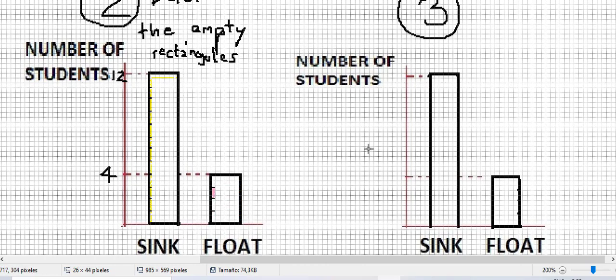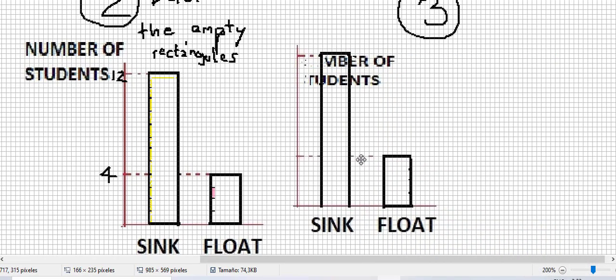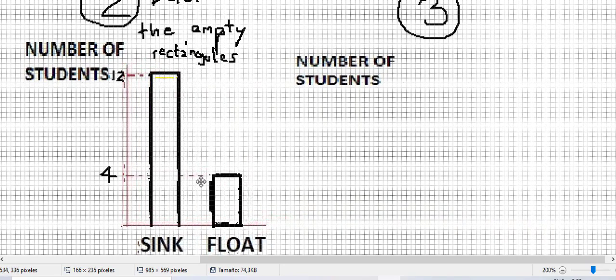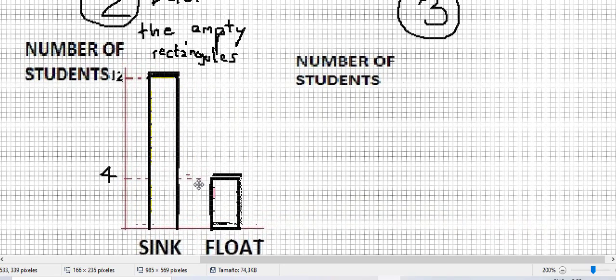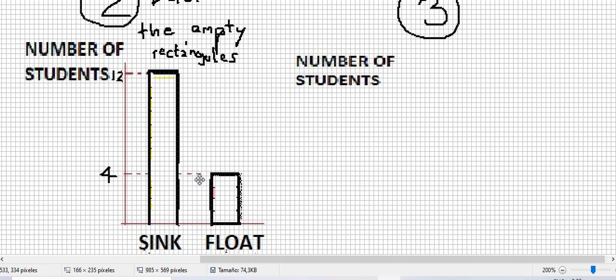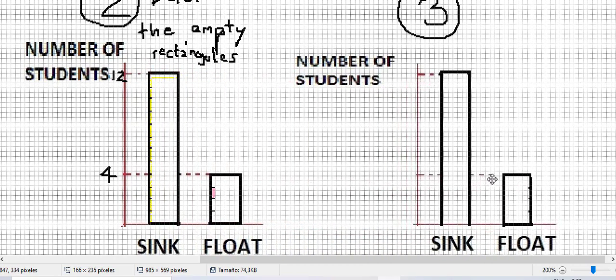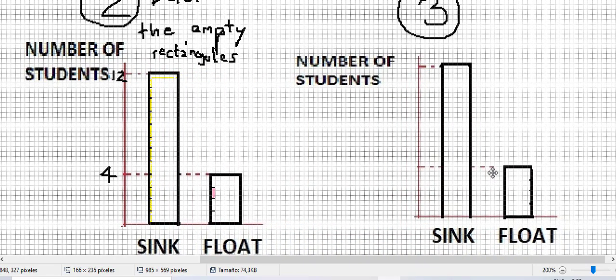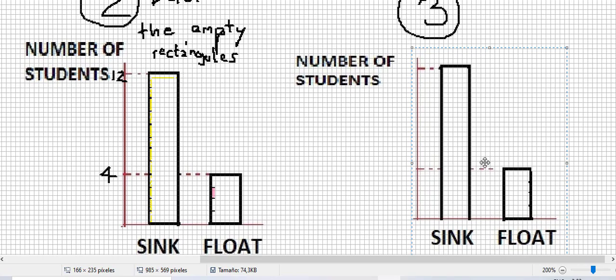Finally, you have the same diagram, and we are going to be sure about if it's the same or different. Look at this, it's exactly the same, but without lines between the squares. And finally, you get these bars, one bar of sink and one bar of float.